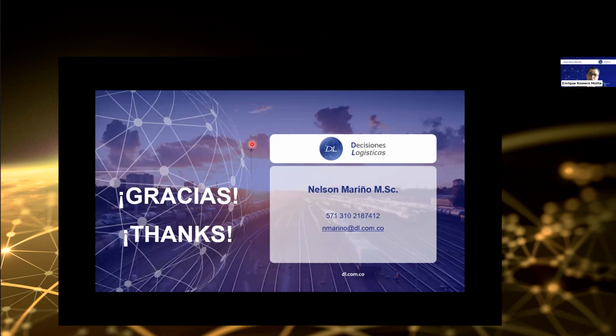And here in Decisiones Logísticas, I have amazing co-workers, because that case can be possible. That solution that we achieved here is just possible if you work in a really interesting team. And fortunately, I have the luck to work with an amazing team here in the company. Okay, well, guys, that's it. Thank you so much, Ryan. Thank you so much, Daria, for this opportunity. Let me finish.